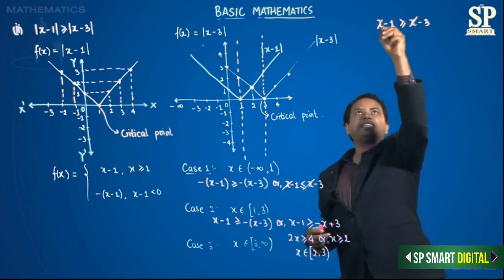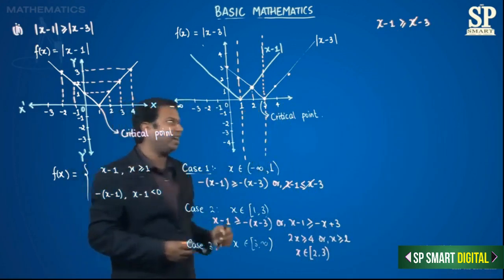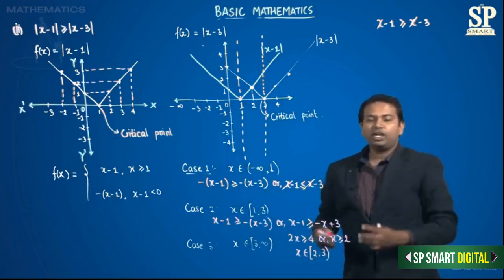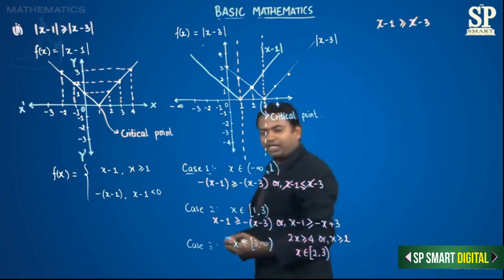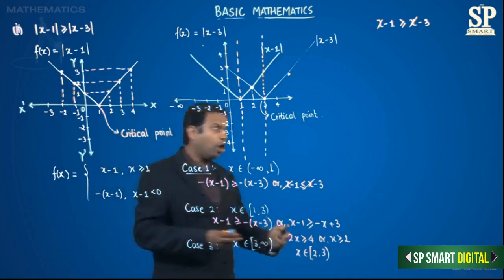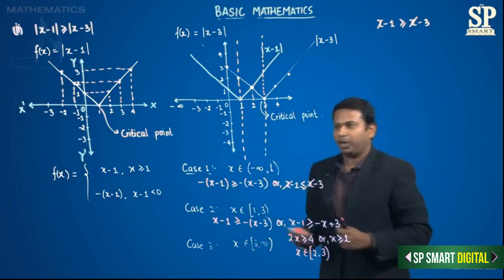Now x and x cancel, and what we have is minus 1 is greater than equal to minus 3, which is true in all cases. So no matter what value of x you take, it is going to be true, and hence all the values in this range are going to satisfy the inequality that we have.